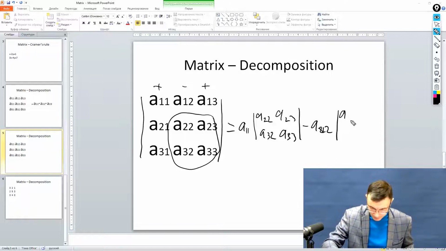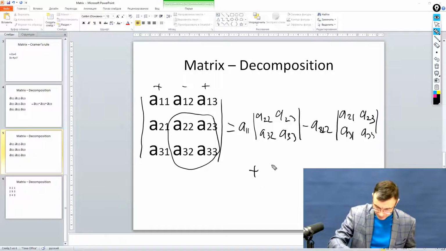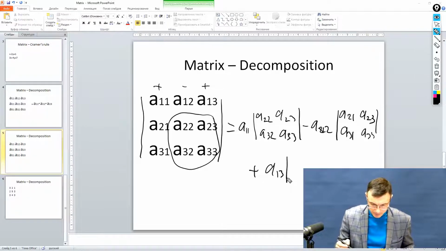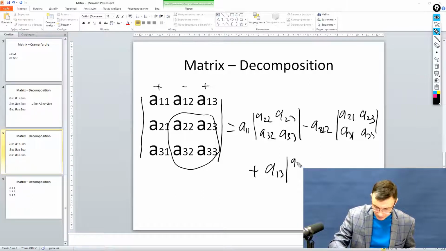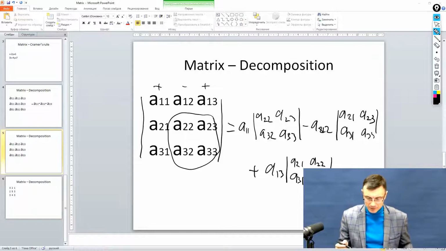And then, so this is an equation for solving the matrix, and in the next slide we can solve it with numbers.